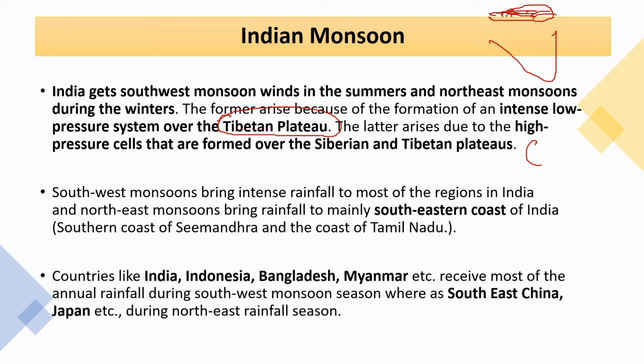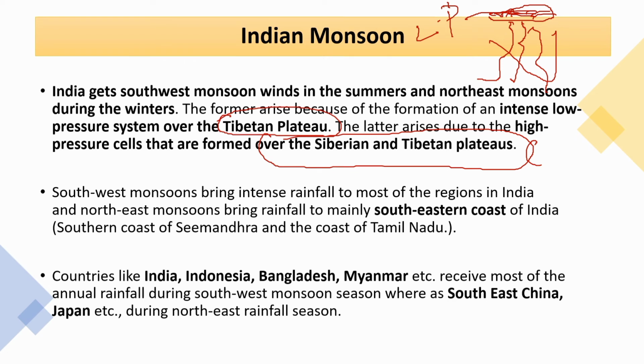This will lead to an intense low pressure system. So this wind system is attracted to this low pressure system during the summer season. So the heating of the Siberian and Tibetan plateau is also a reason for the occurrence of monsoon in the Indian subcontinent.